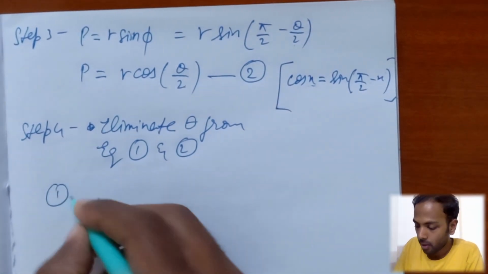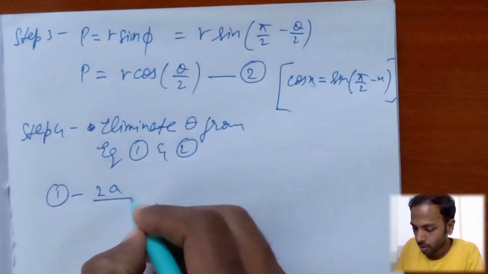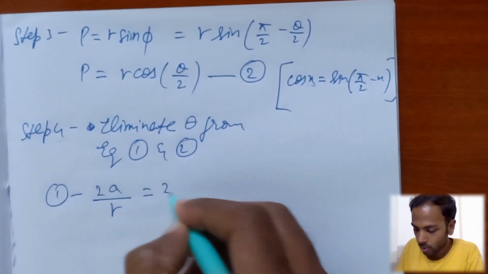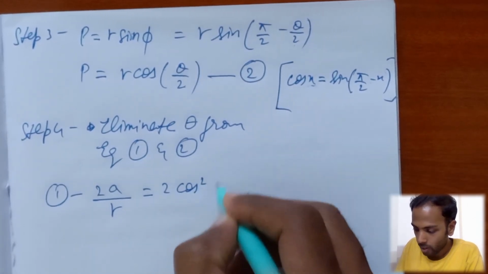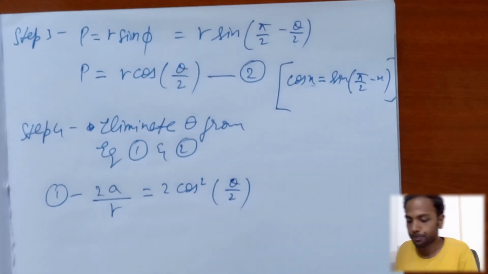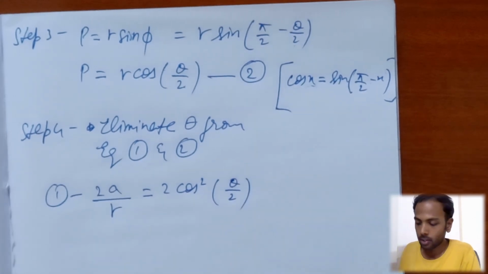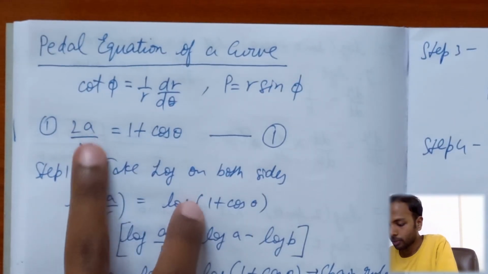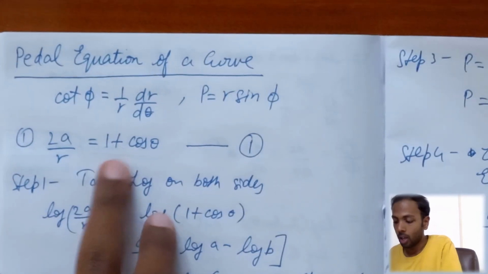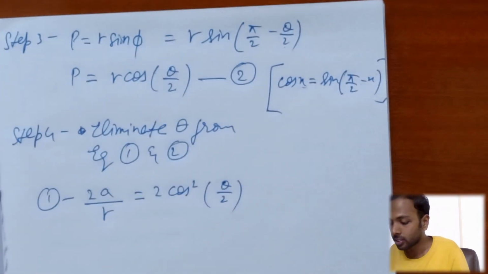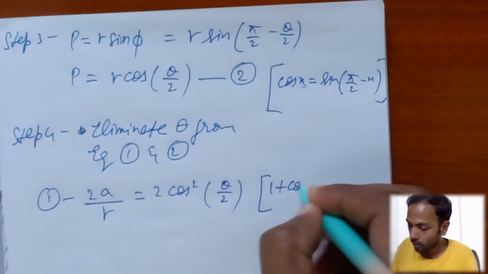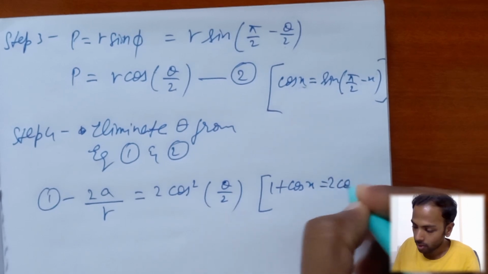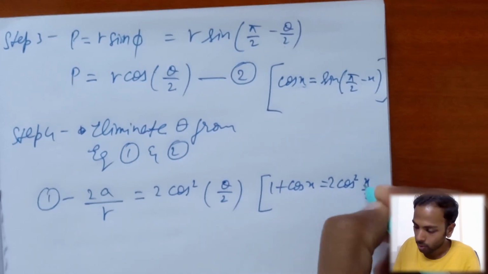How to eliminate? From equation 1, 2a by r is equal to 2 cos square theta by 2. Can I write this? Look at this. Equation 1 is nothing but 2a by r is equal to 1 plus cos theta. 1 plus cos x is nothing but 2 cos square x by 2.